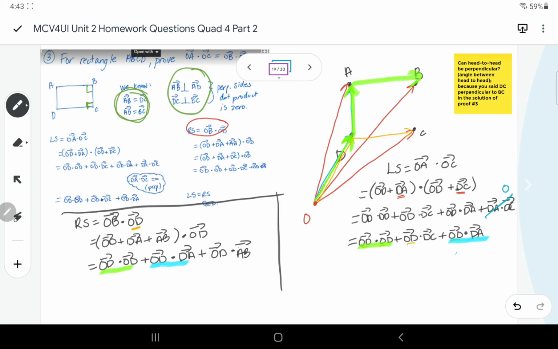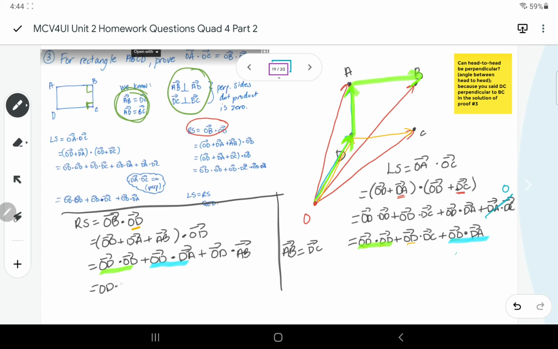So here I've got OD dot AB, and here I have OD dot DC, but AB and DC are equal. So vector AB equals vector DC, and I can just do a substitution here.